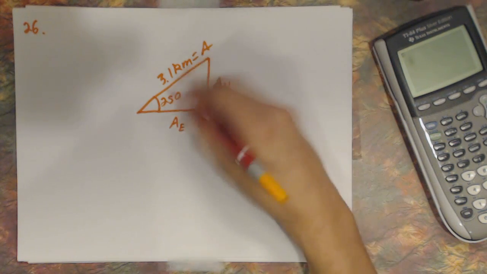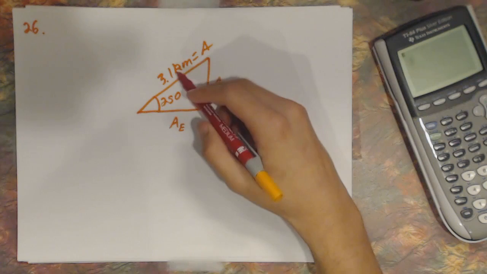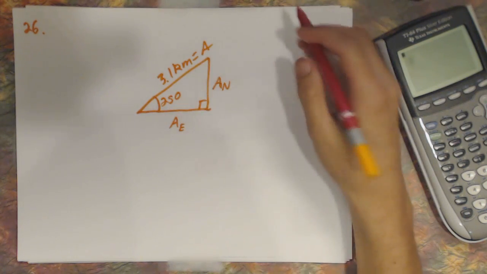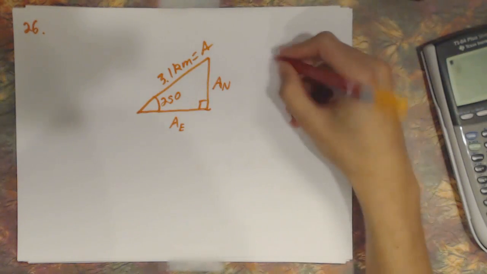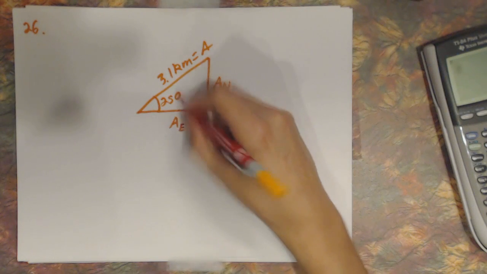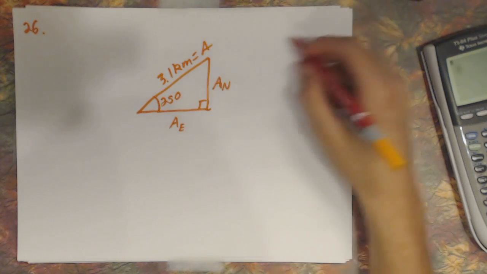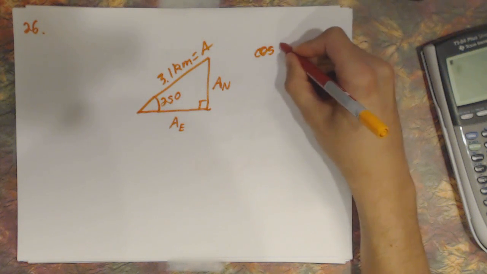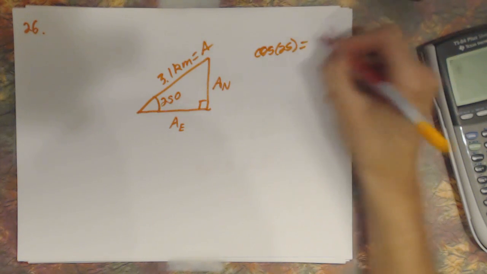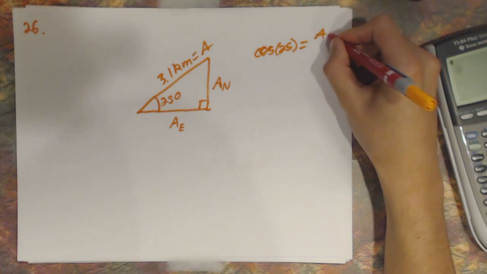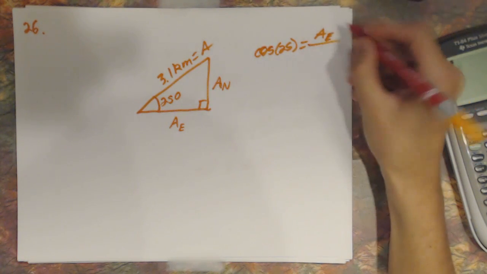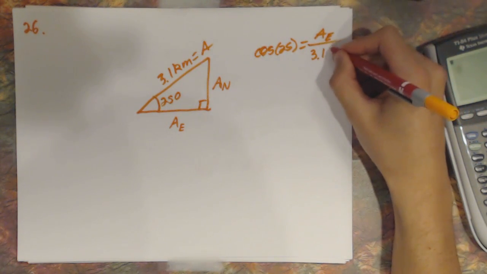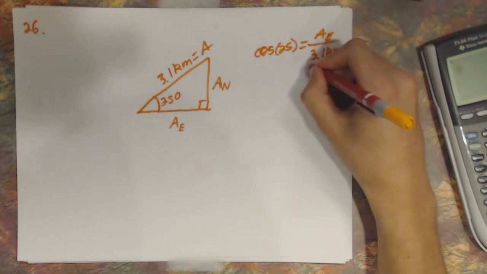So again, we're going to need trigonometric identities that have 2 of our knowns and 1 of our unknown. So to find A sub E, we're going to use the cosine, because cosine is adjacent over hypotenuse, and so cosine of 25 degrees equals our east component of vector A over our hypotenuse, which is 3.1 kilometers.